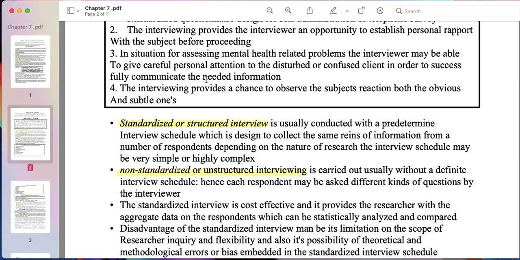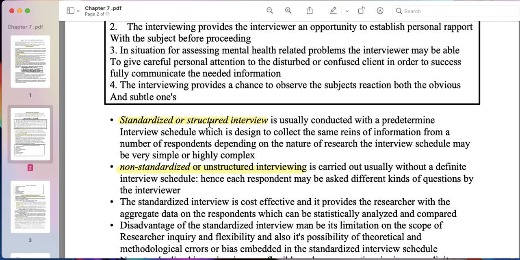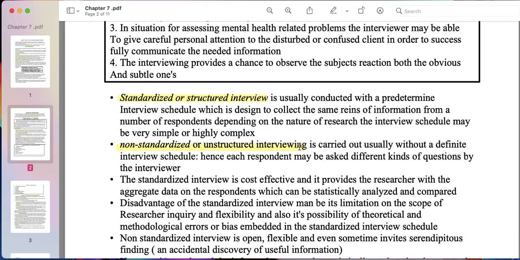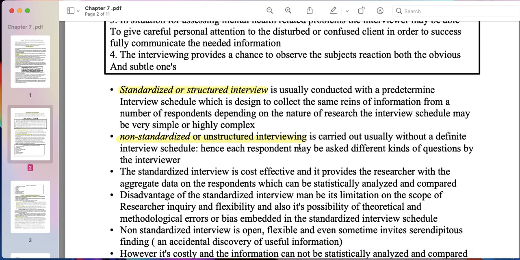So then we talked about what a standardized interview, otherwise known as a structured interview, is, which is usually conducted with a predetermined interview schedule designed to collect the same range of information from a number of respondents. Depending on the nature of the researcher or interviewer, the schedule may be highly complex or very simple.